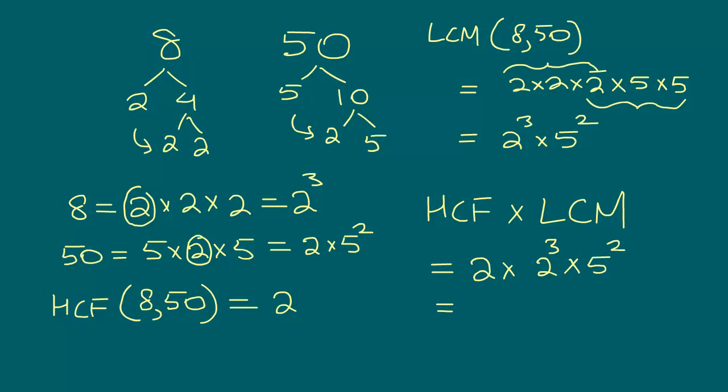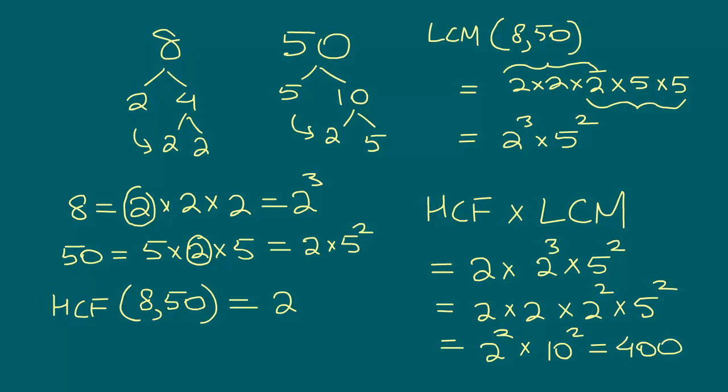Or we can write it as 2 squared times, here 2 times 5, 10 squared. So this will be 100 times 4, which is 400. Now notice that when we multiply 8 and 50, we get 400.